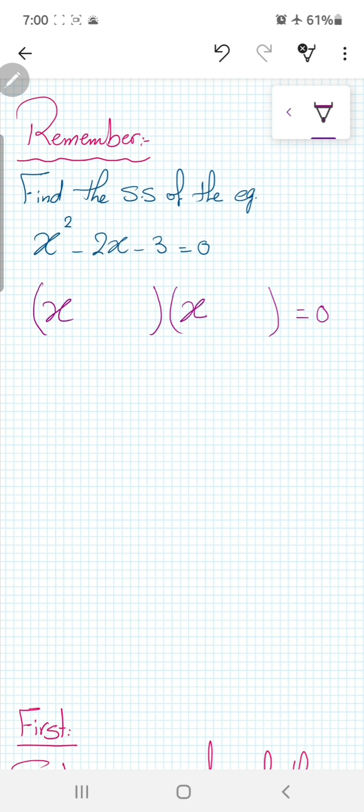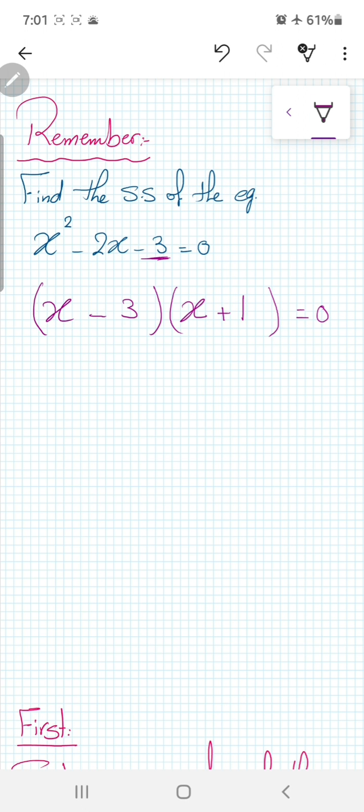We search for two numbers, their product is negative 3 and their sum is negative 2. So the two numbers will be negative 3 and 1. Their product will be negative 3, yes, and their sum is negative 2.